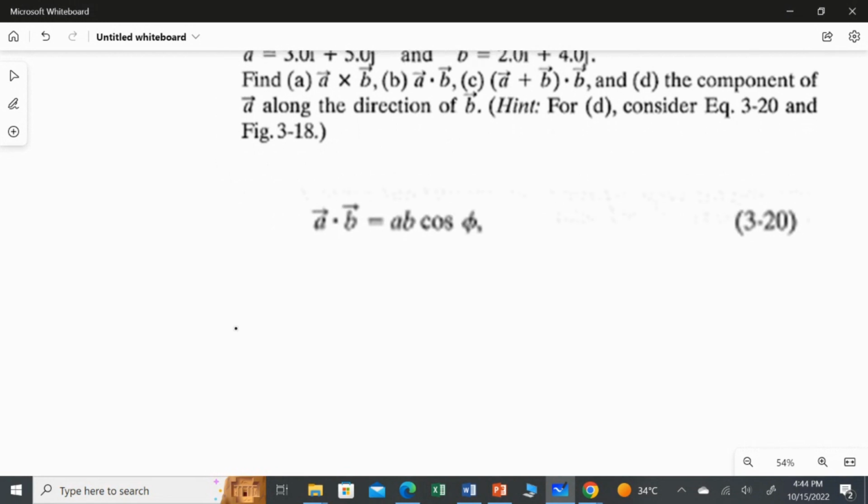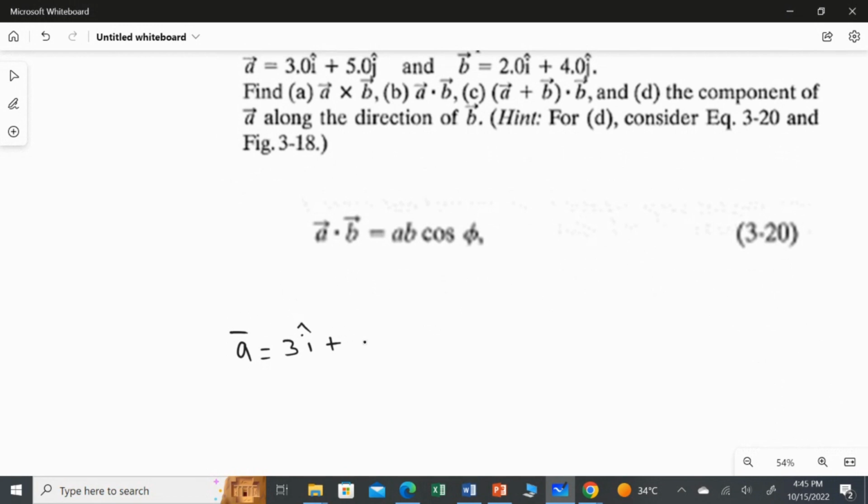First of all, I am going to write what is given. A vector is given as 3i cap plus 5j cap, and then B vector is given as 2i cap plus 4j cap.